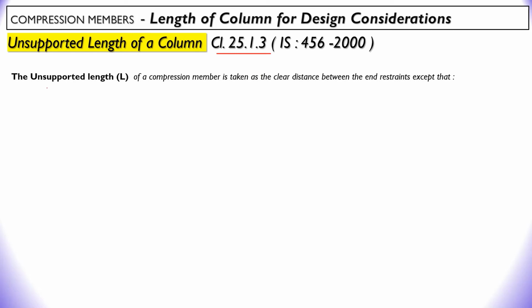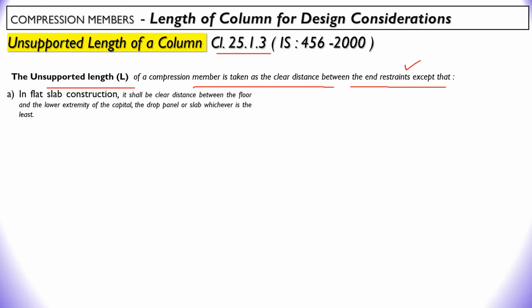First of all, the unsupported length of a compression member is taken as the clear distance between end restraints, except in the following conditions. The very first condition is if you are using a column below or supporting flat slab type of construction. Then the code says it shall be the clear distance between the floor and the lower extremity of the capital or the drop panel of the slab, whichever is the least.